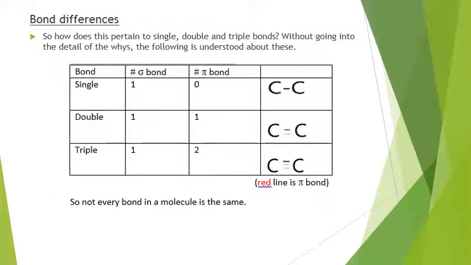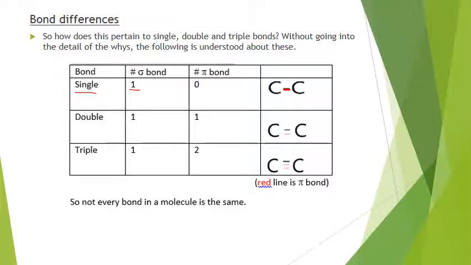Bond differences. So how does this pertain to single, double, and triple bonds? Without going into the details why, the following is understood about these. Single bonds are said to be simply one. So a single bond is simply a sigma bond.